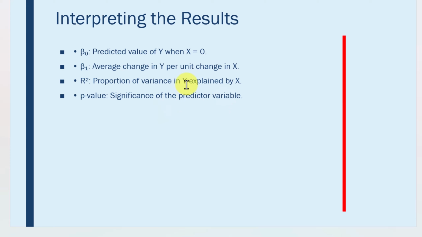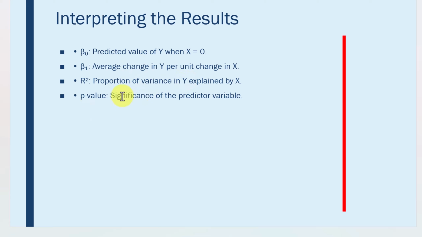There is a correlation existing between x and y, and R squared gives us the percentage of variation in y that's being explained by x. Obviously, the question would be, how about the rest of the variance in y? The rest of the variance in y is explained by other factors which are not part of our simple linear regression model.